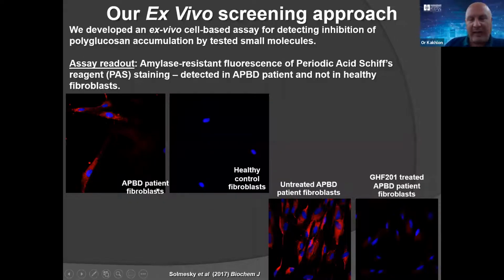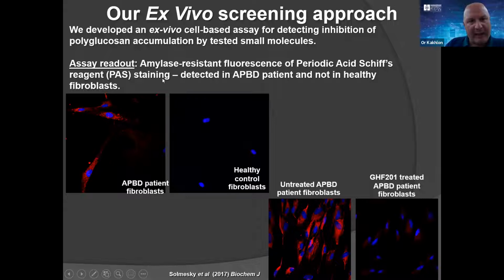So here is our screening approach. We started with developing a screening assay in which we took skin cells from patients, ex vivo cells from patients, and we used a very well known assay called the periodic acid Schiff staining to look for polyglucosans.